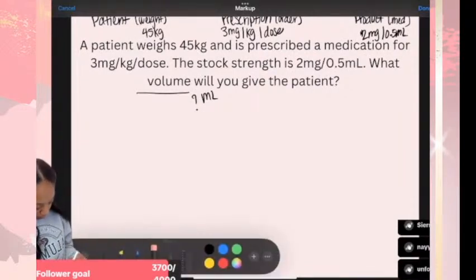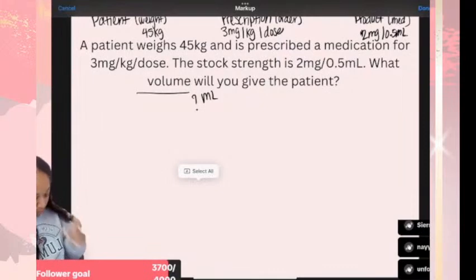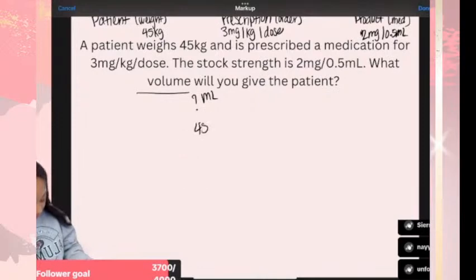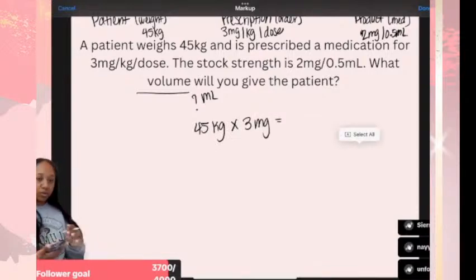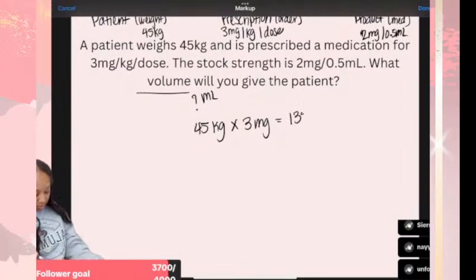So you would take your weight and multiply it times your prescribed amount. So 45 kilograms times 3 milligrams. It's going to give you how many milligrams in a dose. Okay, so 45 times 3 is 135 milligrams per dose.